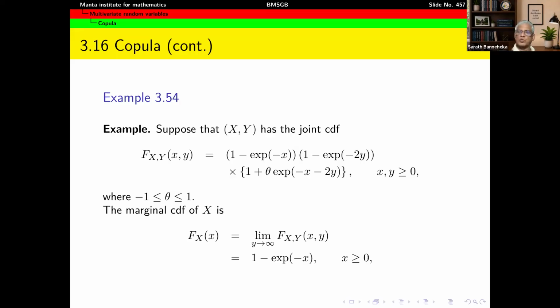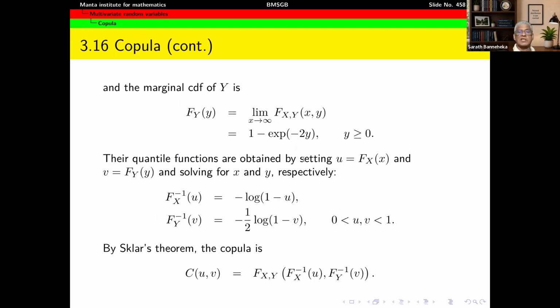So in order to see that, we have to know the individual marginal CDFs also. So F_X(x) is given by this expression, and similarly, by letting x go to infinity, we can get the marginal CDF of Y, and it has this expression.